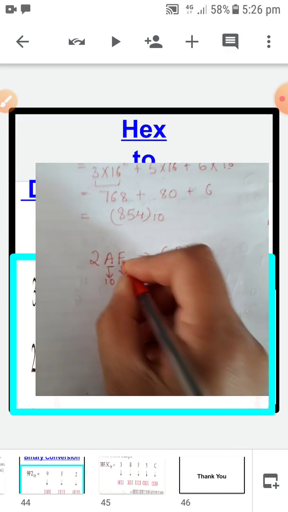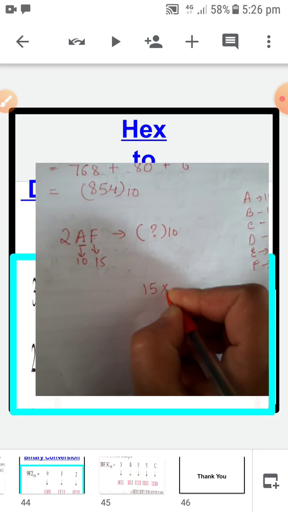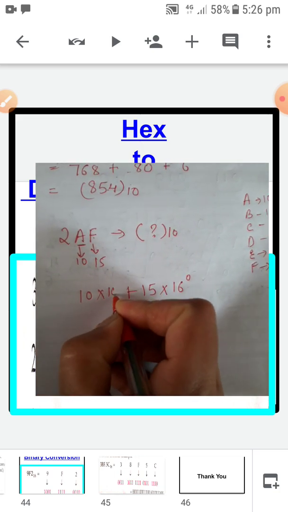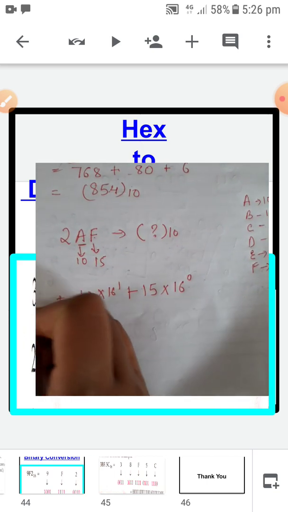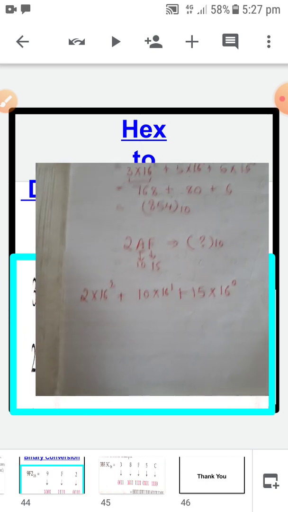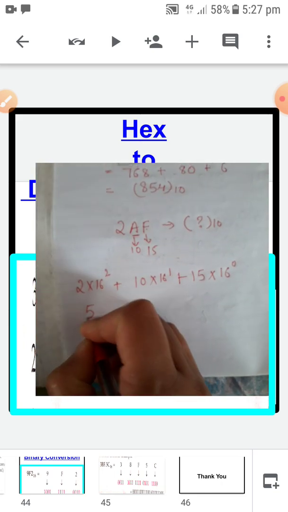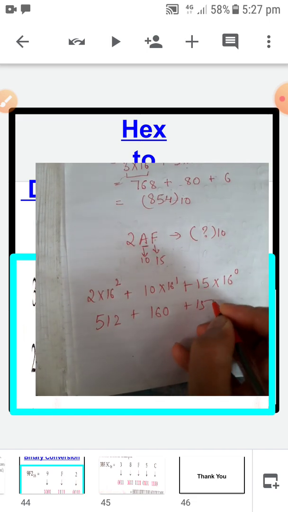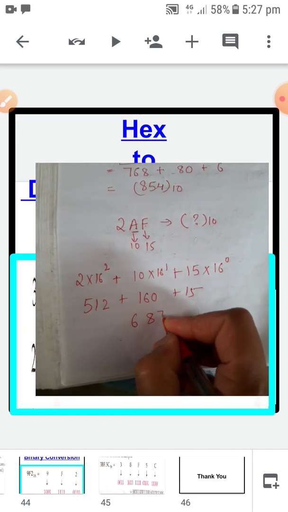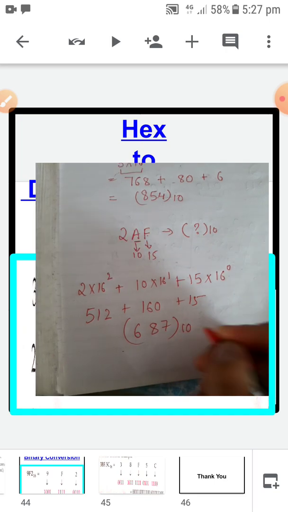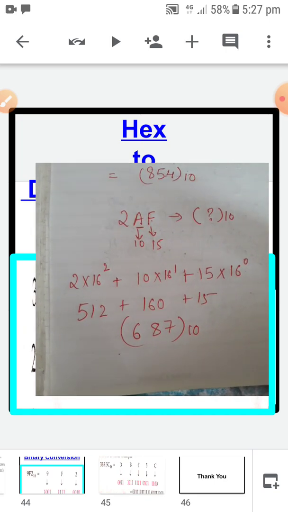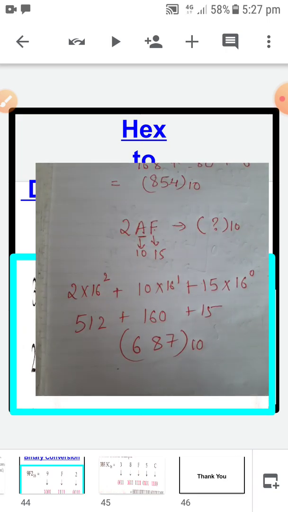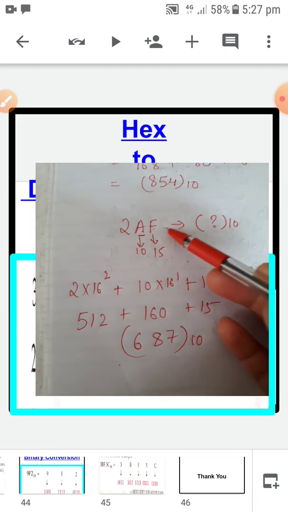So let's start with 5: 5 multiplied by 16 power 0, plus A which is 10 multiplied by 16 power 1, plus 2 multiplied by 16 power 2. So this gives you 512, it gives you 160, it gives you 5, so it gives you 677. In this way you can solve all the questions very easily. You need to start from the rightmost side when you have such kinds of numbers.